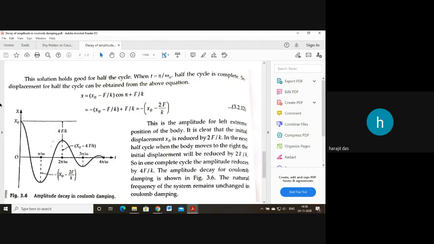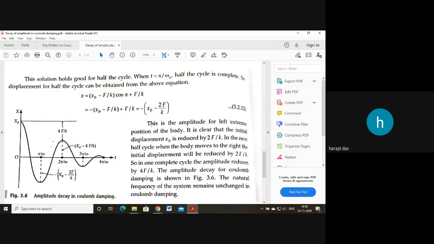Then you need to say that after 3 into 4f upon k decrement of amplitude, the body comes to rest. Understood? So in one cycle, it is 4f upon k. In 2 cycles, it is 2 multiplied by 4f upon k. So it will decrease just like that.